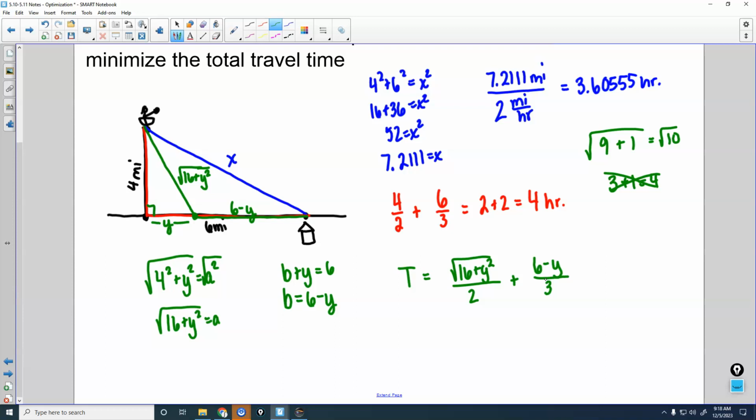It will probably be a little easier to deal with this if we write it this way: 1/2 (16 plus y squared) to the 1/2 power.